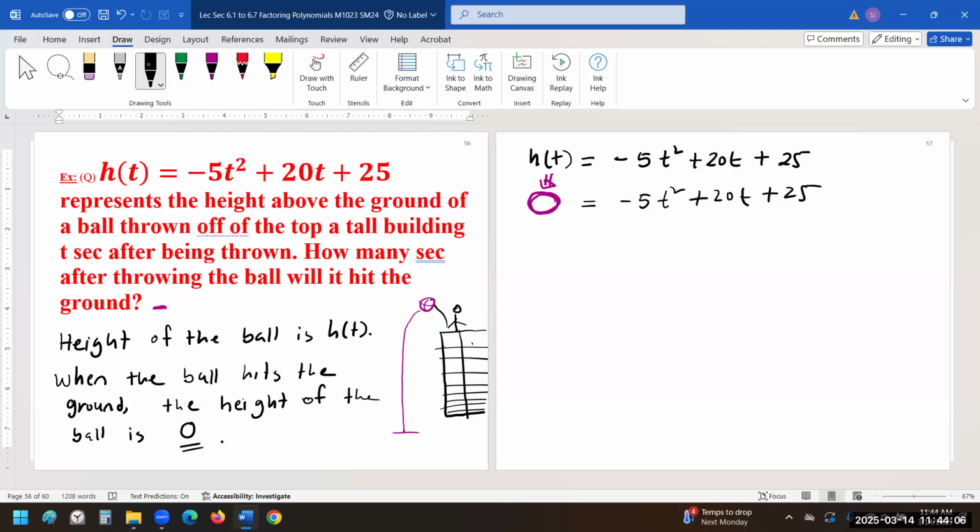You can use the same method, but remember what did I say? Anytime you want to factor, what is your first goal? GCF. Do you see any GCF? 5. Only 5? Negative 5. So you can actually factor out a negative 5, or you can divide both sides by negative 5. If you do factor out the negative 5, what remains in our expression? T squared minus 4t minus 5.